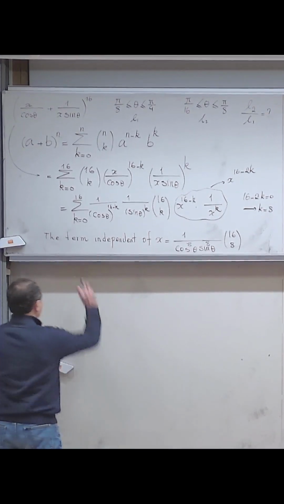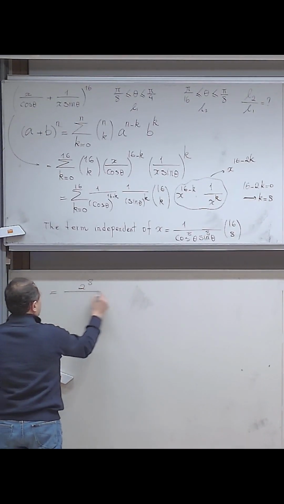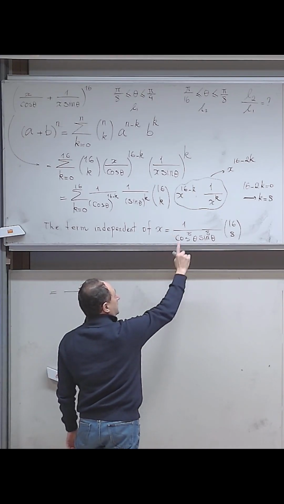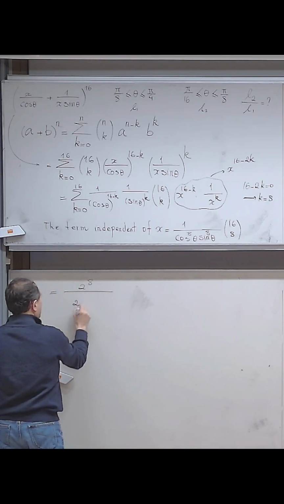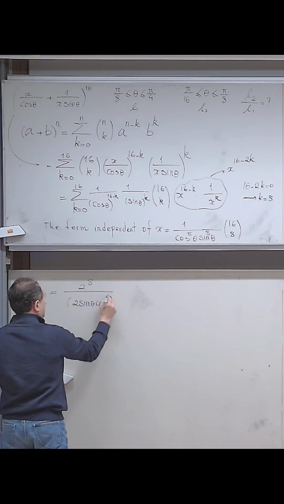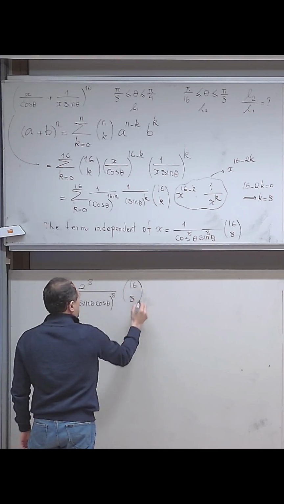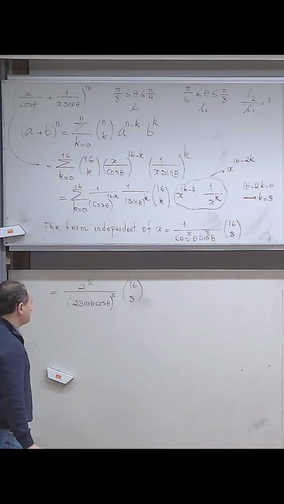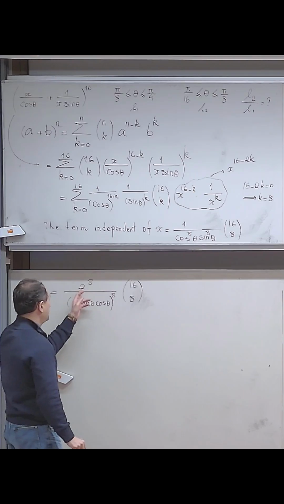So this becomes equal to 2 to power 8, and then in the denominator, 2 to power 8 cosine theta to power 8 sine theta to power 8 can be written as 2 sine theta cosine theta to power 8, and then I have that number 16 choose 8. So I will keep it for the time being, but 2 to power 8 is 256.